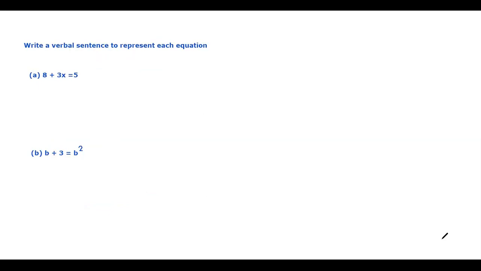These ones tell us to write a verbal sentence to represent the equation, right? This one is 8 plus 3x equals 5. This one should be pretty easy. I can say 8 plus 3 times, what is x here?